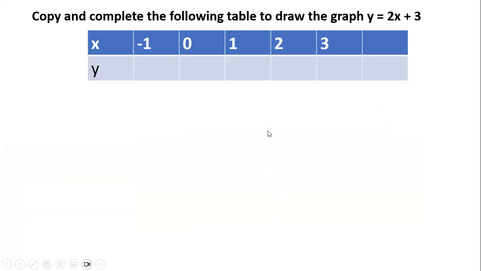You first start off by saying x equals a certain number. Then we say y equals 2x plus 3. Then y equals 2 open bracket negative 1, plus 3.